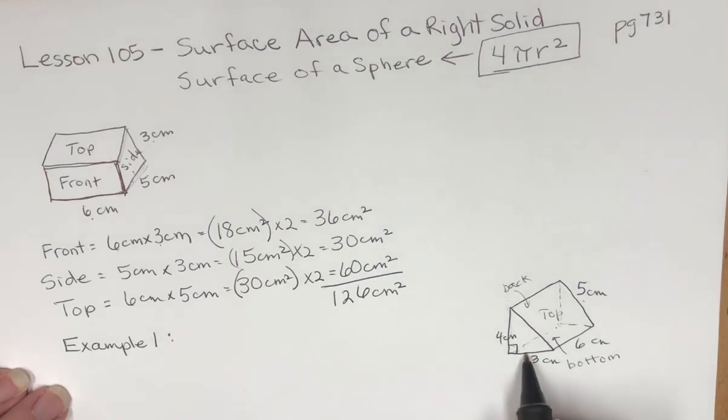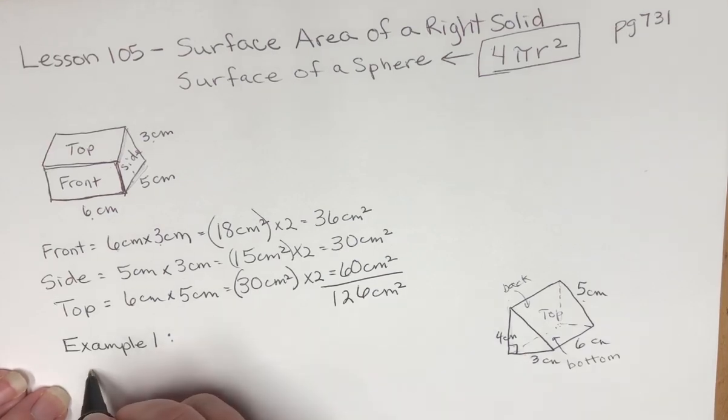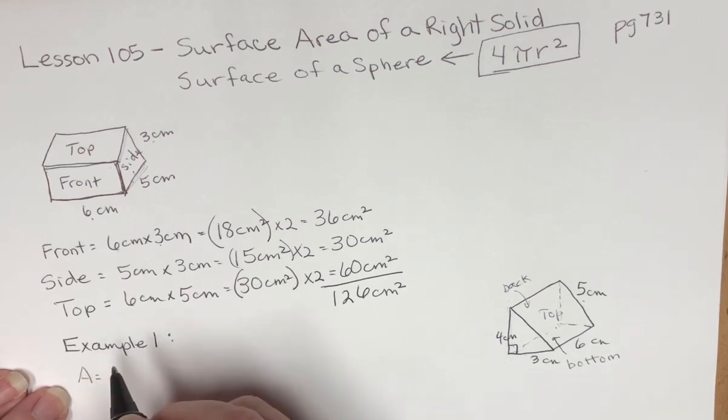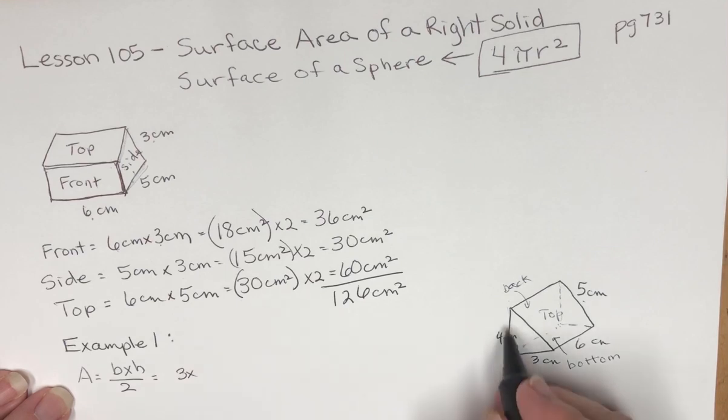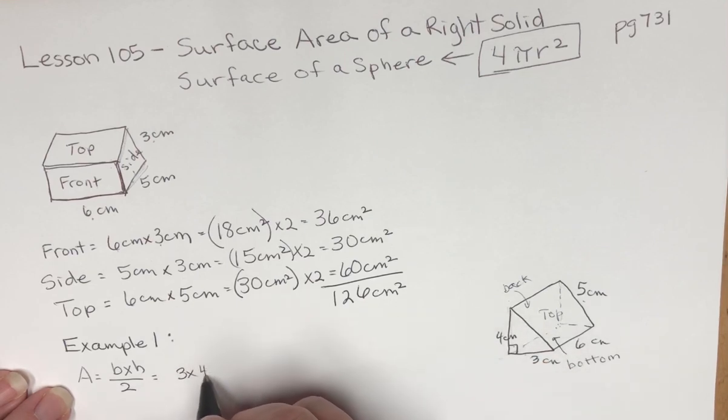Let's start with the two triangles. They match each other. The area of a triangle is base times height divided by 2. Our base is 3 centimeters, times our height of 4 centimeters, divided by 2.